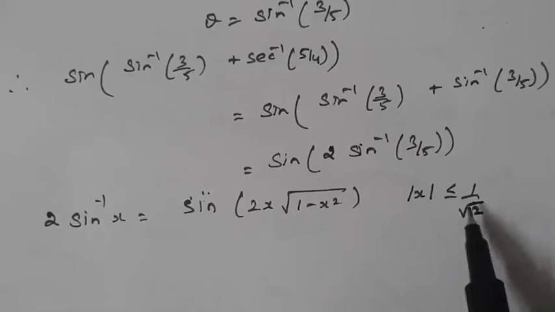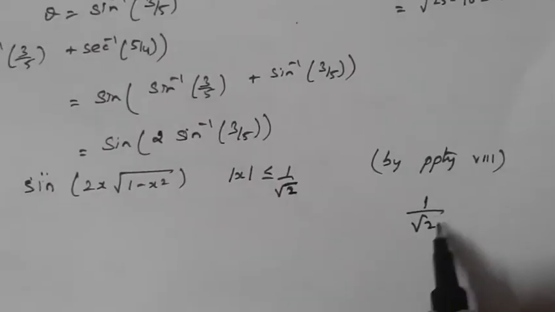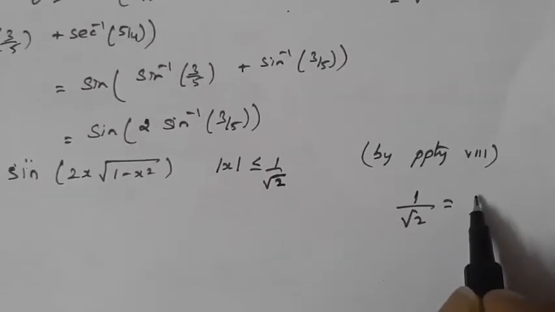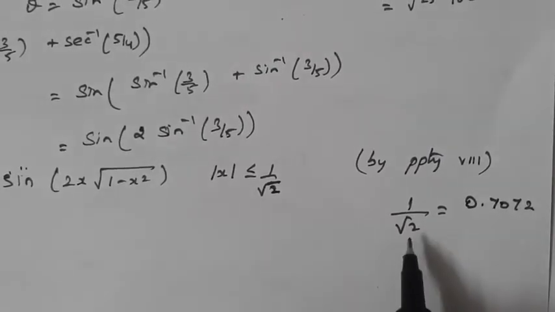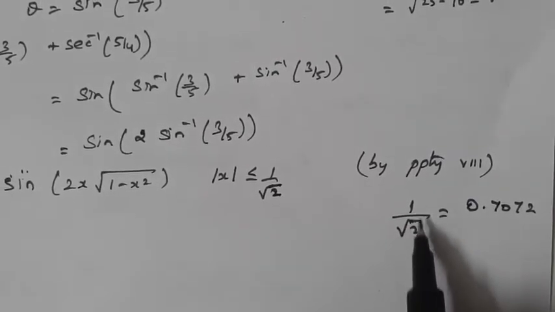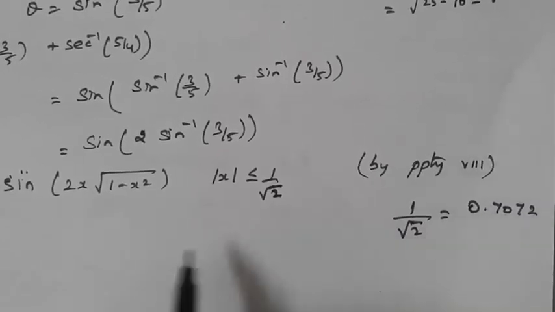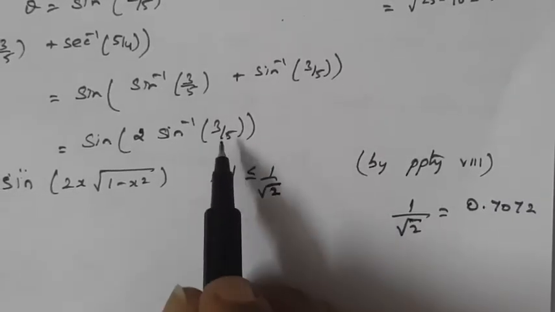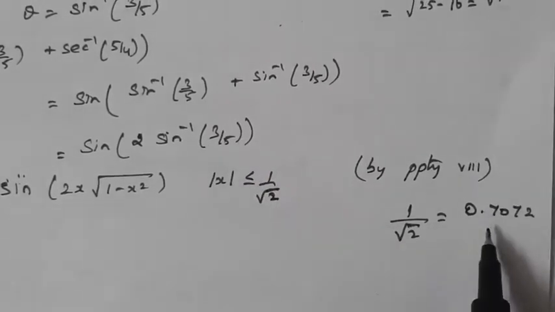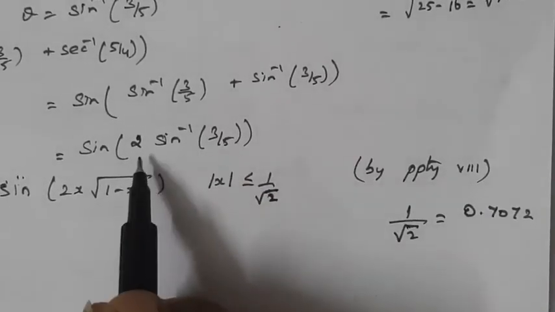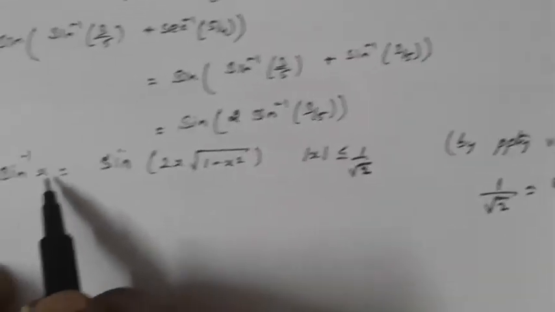The value of 1 by root 2 is approximately 0.707. You know that the value of root 2 is about 1.41, and on dividing it will be 0.7 something. And the value of 3 by 5 is 0.6, which is less than that. So we can apply this formula for 2 sine inverse of x.